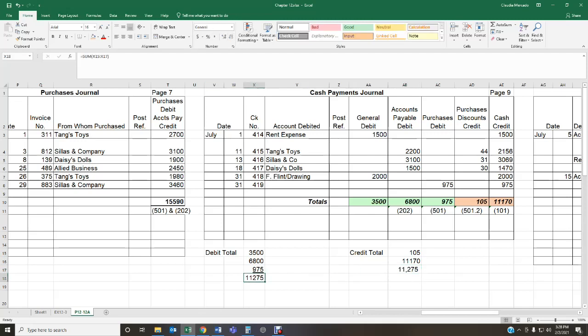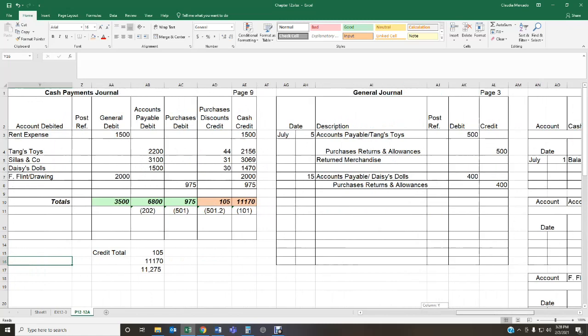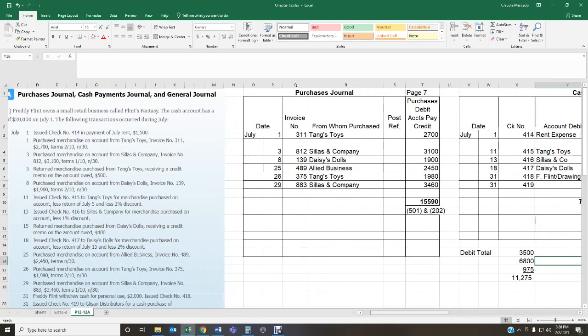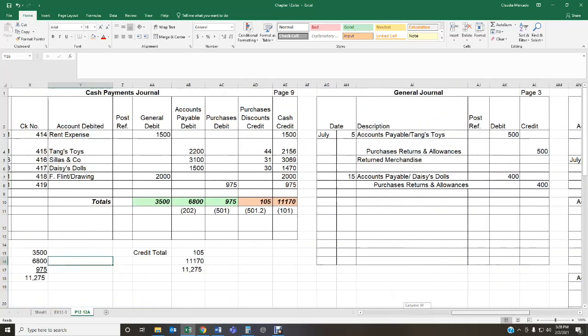Okay. Let me save my work. I don't want to lose it. So all we did is we identified what information went into each of the journals, and then here we're tallying it up. So there we go. What else do we have? I'm just basically labeling where we're going to be posting all of these transactions.